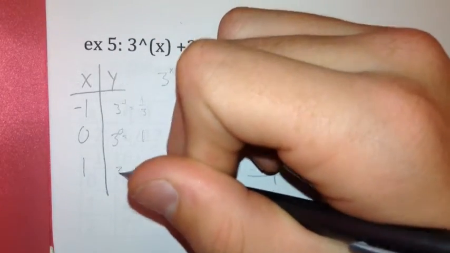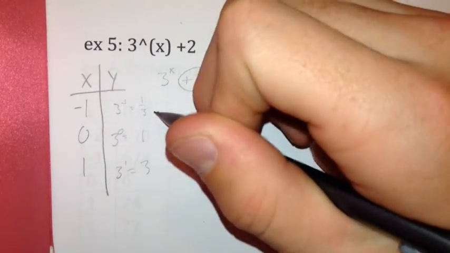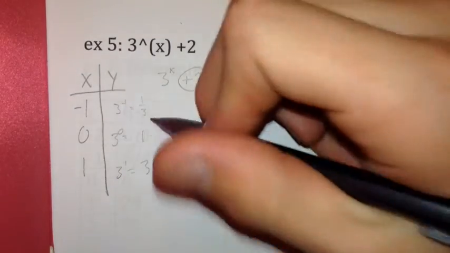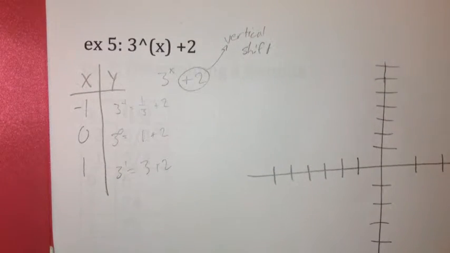And then we have 3 to the 1, which equals 3. So, same thing, except we have to add 2 to the y-intercepts. Plus 2, plus 2, plus 2. Because it is a vertical shift.